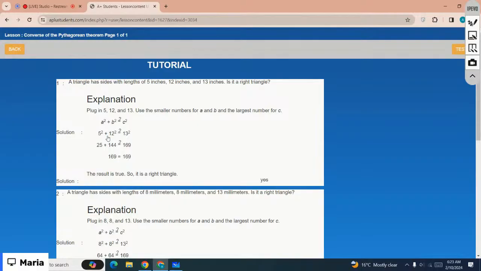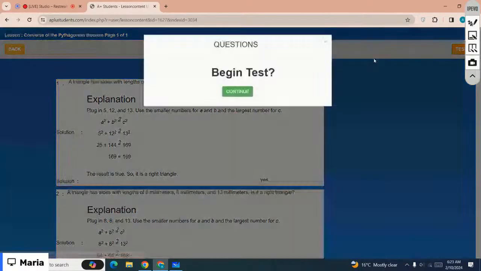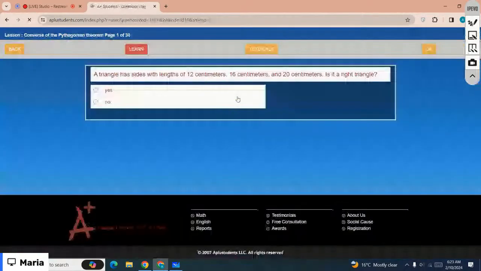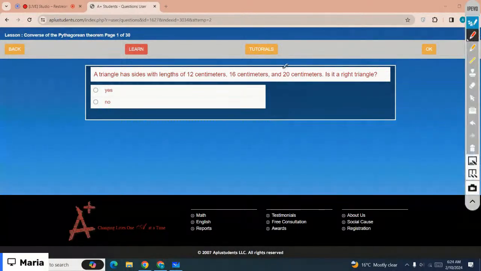Okay, let's just start with the test questions. Our triangle has the side lengths 12 centimeter, 16 centimeter and 20 centimeter. Is it a right triangle? Whenever we are working on the right triangle, the largest side is always the hypotenuse, right? So this is the hypotenuse. That means the square of the hypotenuse is equal to the sum of squares of the other two sides.